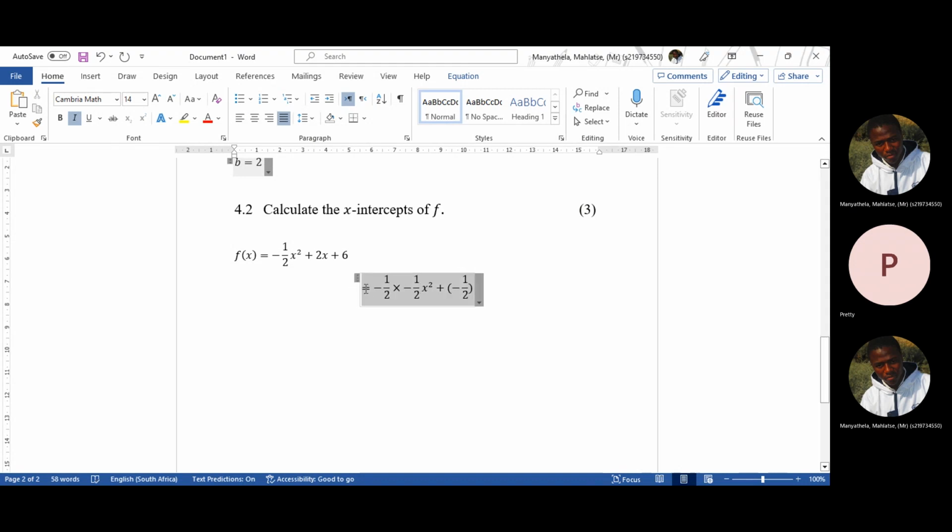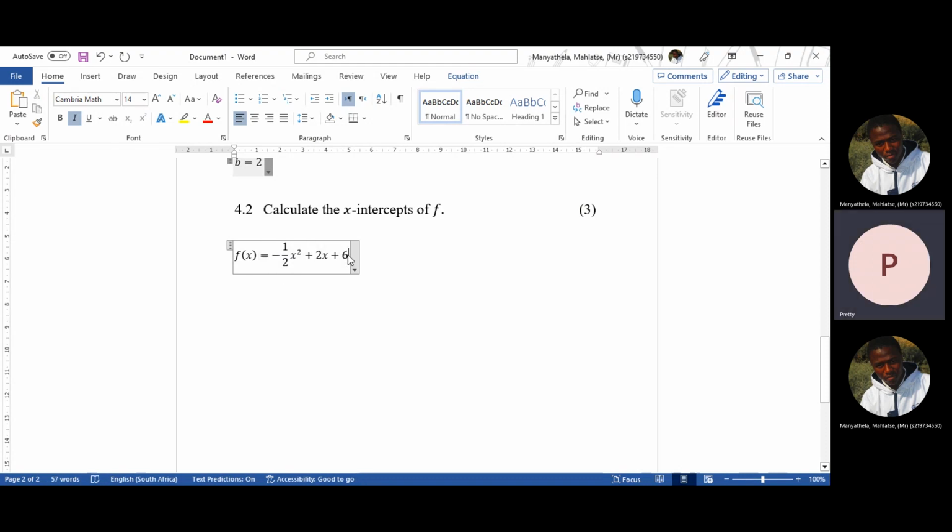What we're doing here is making the coefficient of x squared 1. Meaning we multiply by the multiplicative inverse of the coefficient of x squared. We take the 2 and put it on top, keep the negative sign, and put 1 at the bottom. That's what we're going to do.